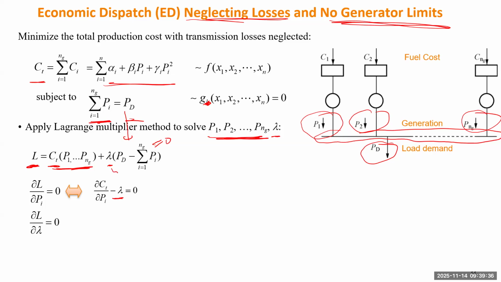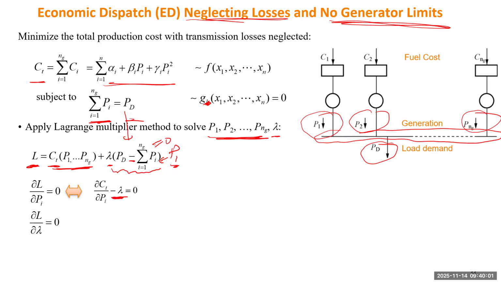So for this entire expression, for example, we consider P1, okay? P1 only appears once in this entire expression. So if we calculate the partial derivative with respect to P1, that's lambda, right? Also it has this negative sign.